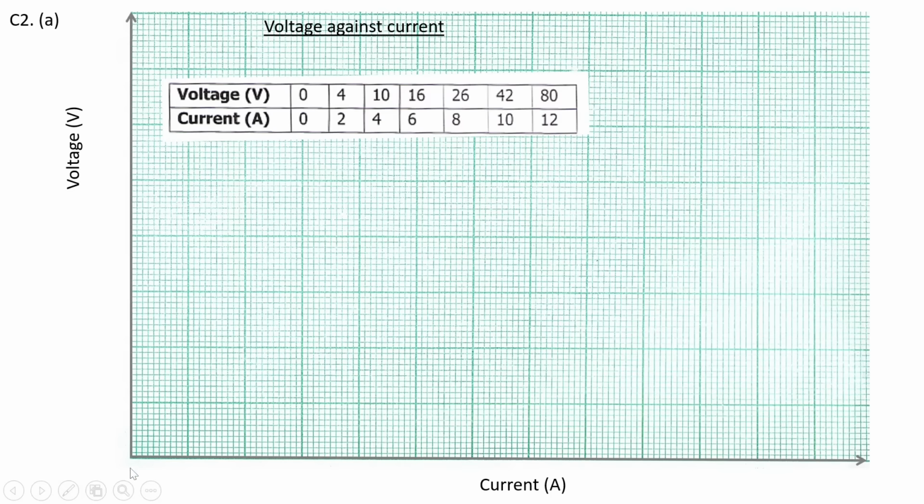So if we start from 0, I can say 10, 20, 30, 40, 50, 60, 70, 80. So meaning that I will accommodate all the values. Then on the current side, the highest value I have is 12. So I'll put my values to ensure that I accommodate all the values. So I say 1, 2, 3, 4, 5, 6, 7, 8, 9, 10, 11, 12. So you see, I will accommodate everything here.